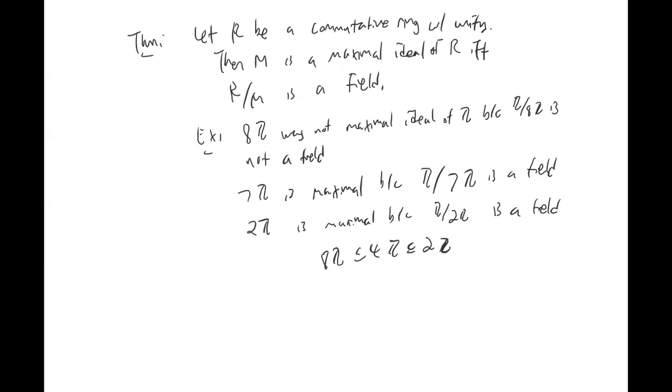But you can't compare 2Z and 3Z, because neither is a subset of the other. So think of maximal as maximum amongst those you can compare via subsets. Is that clear? I don't know how to explain it better.